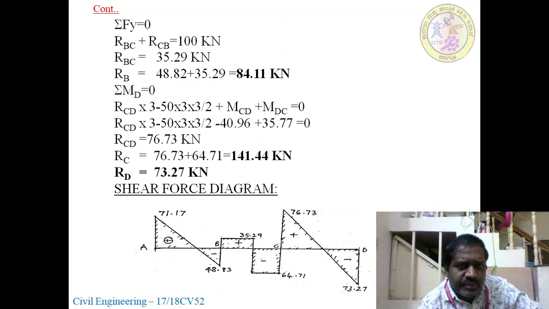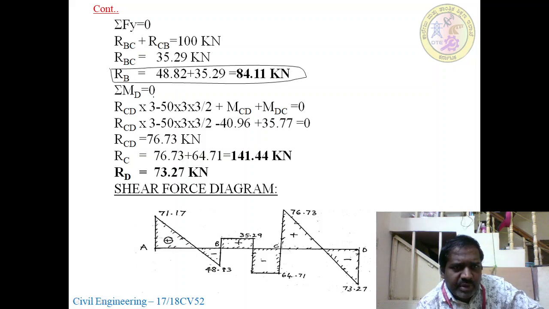Then RBC plus RCB equals 100, RBC is 35.29. RBC plus RBA you will get the RB value. Next, summation of moment at D equal to 0, so you calculate D by the same procedure. Then this will be the shear force diagram.